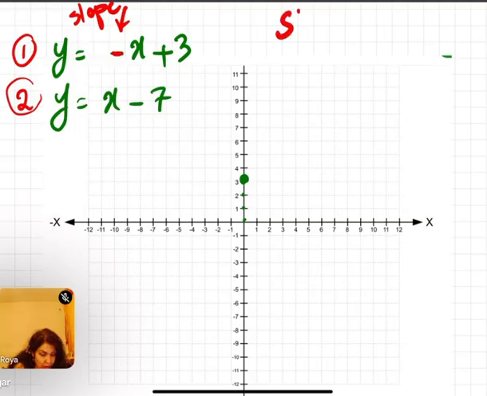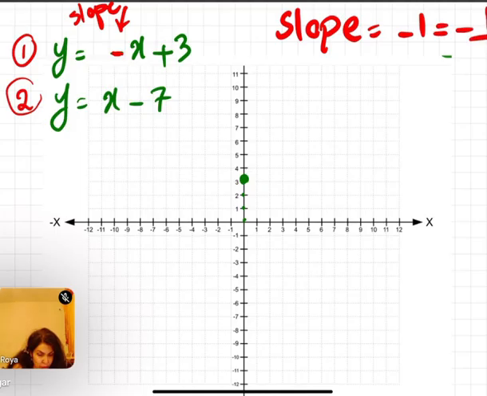The slope equal to negative 1 is exactly equal to negative 1 over 1, and it is equal to rise over run.